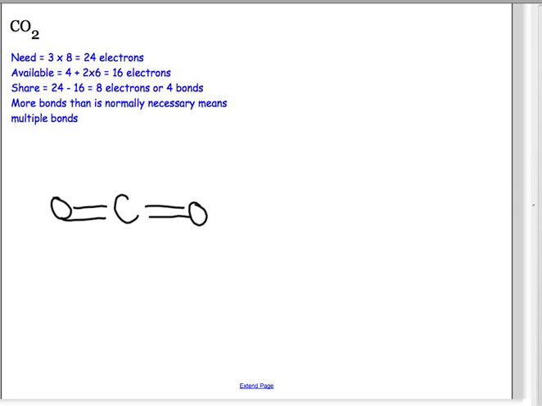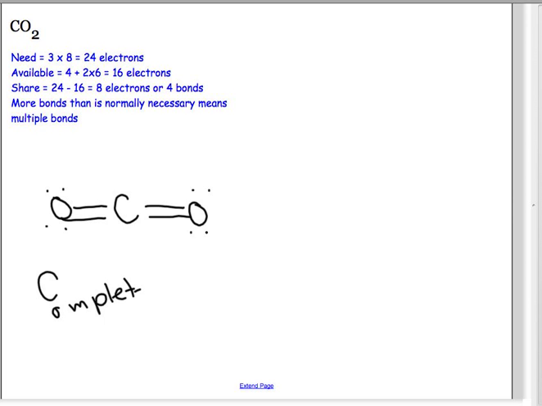So that gives the carbon in the middle, he's already good. He has his 4 bonds or 8 electrons. But if you look out here on our oxygens, they only have access to 4. So that means we need to give them a couple more electrons. And that should be your Lewis structure for carbon dioxide. And again, this one is called our complete.